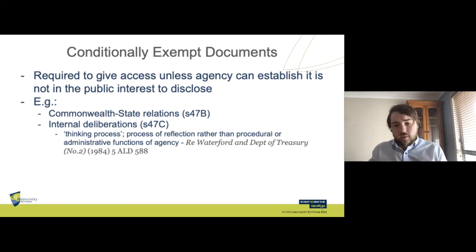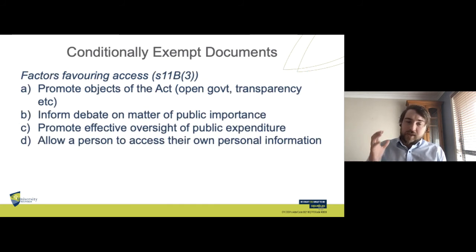So what are some of those reasons? Section 11B lists some of the factors that would favour access. So factors that would weigh on the side of the agency having to disclose that information. And so those are quite broad, promoting the objects of the Act. So coming back to those ideas of open government and transparency.